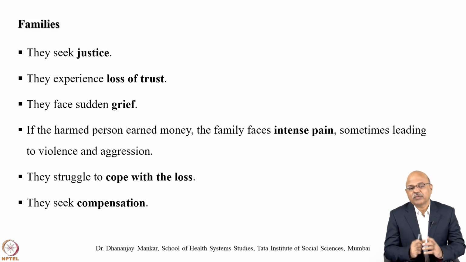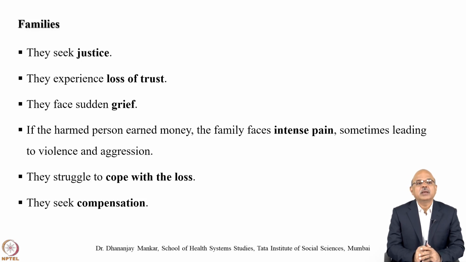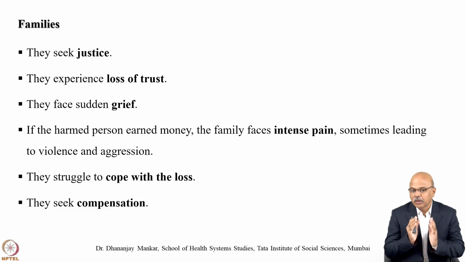How is the family affected? The family seeks justice. They experience loss of trust. They face sudden grief. If the harmed person was an earner, the family faces intense pain. The family goes into great grief, sometimes leading to violence, aggression, and even vandalization.